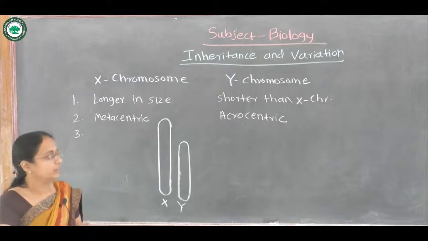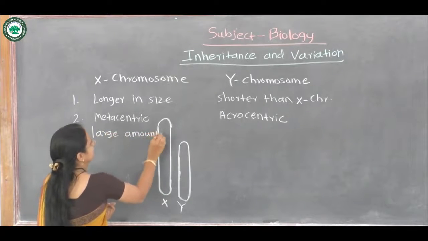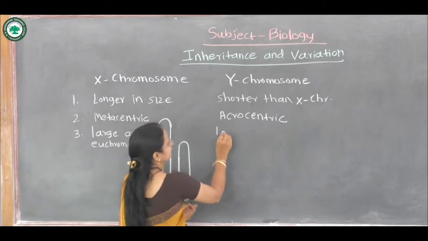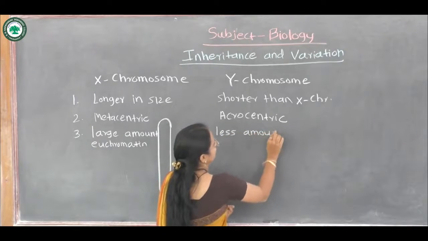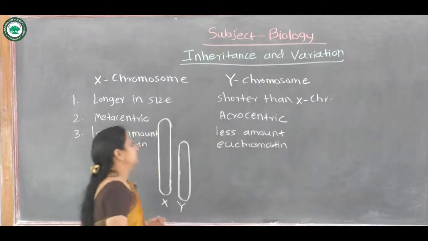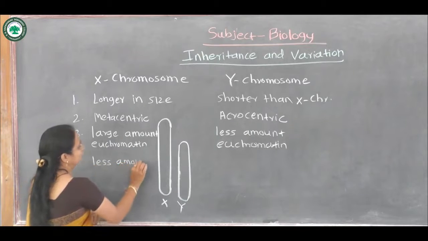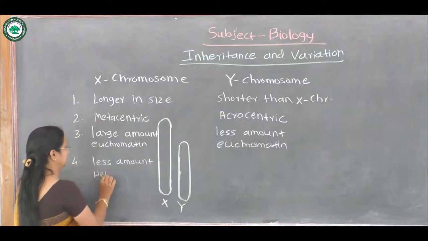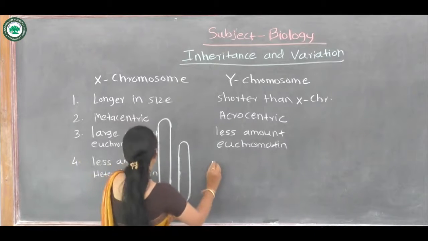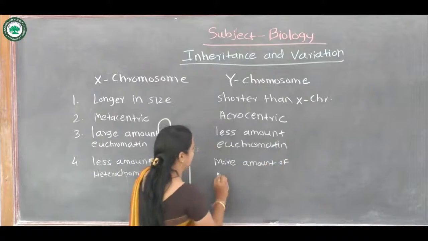The X chromosome contains a large amount of euchromatin and less amount of heterochromatin, and the Y chromosome contains less amount of euchromatin and more amount of heterochromatin.